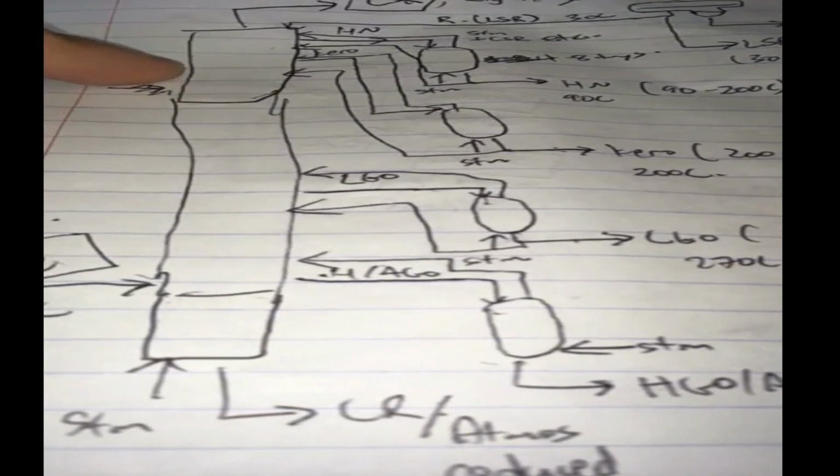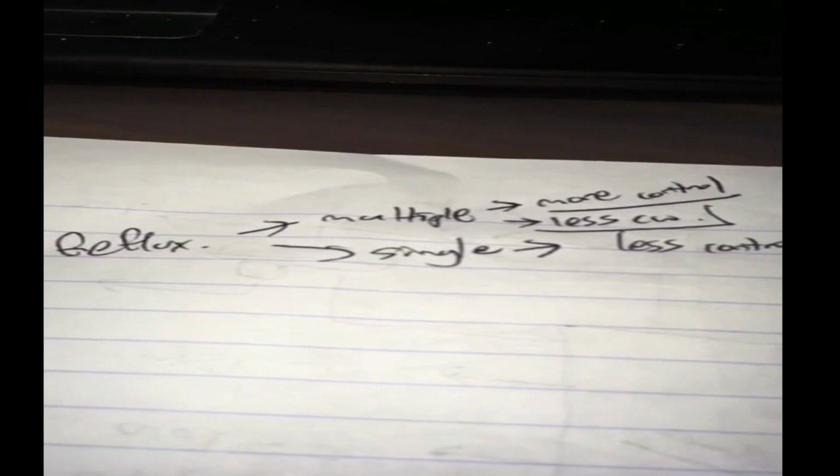You have multiple reflux, less cooling water. I can use less cooling water. If you're a chemical engineer, you know this is very good, because multiple reflux means more heat integration. More heat integration means less utilities used, so less costly. So of course you want to use multiple reflux rather than single reflux.